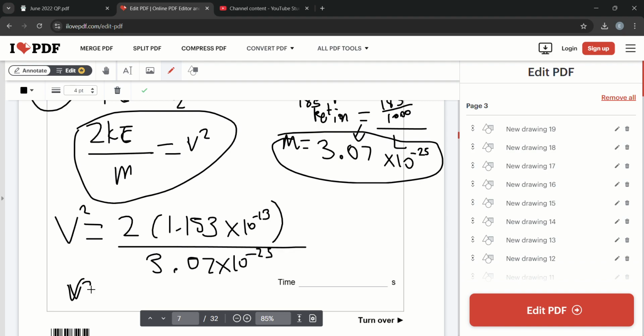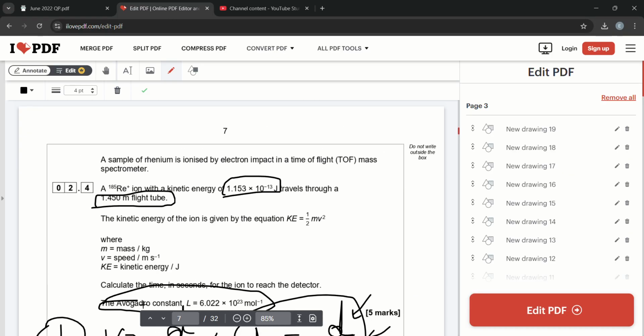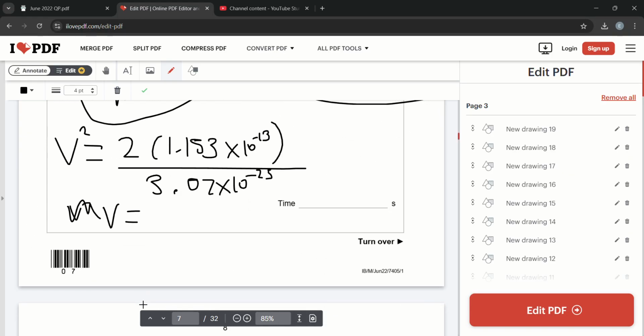Velocity, and then I'm just going to put it in my calculator. 2 times by 1.153 times by 10 to the power minus 13. Just double check that, kinetic energy, yep. Divided by 3.07 times by 10 to the power minus 25. And then that's velocity squared. We don't want velocity squared, we want velocity.